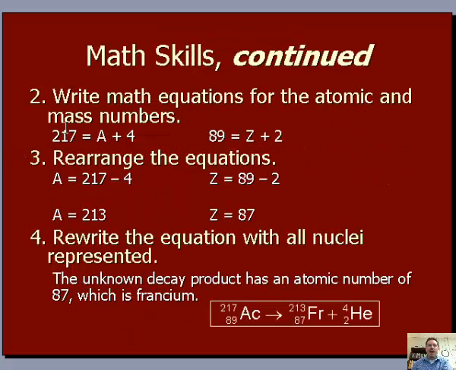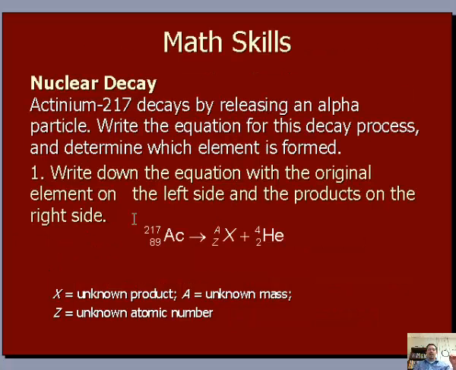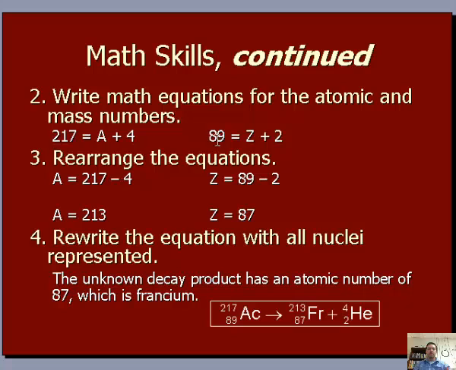So if we do some math, 217 equals A plus 4, so we're just looking at the top part of the equation, 217, A and 4, and then we'll look at the bottom, 89, Z and 2. So that's what we have here. We arrange the equations so that we're solving for A. So subtract 4 from both sides, so 217 minus 4 gives us a new mass of 213.